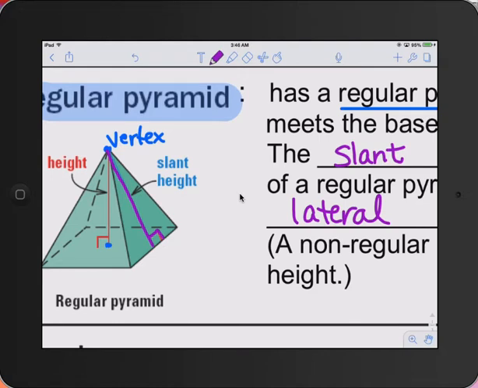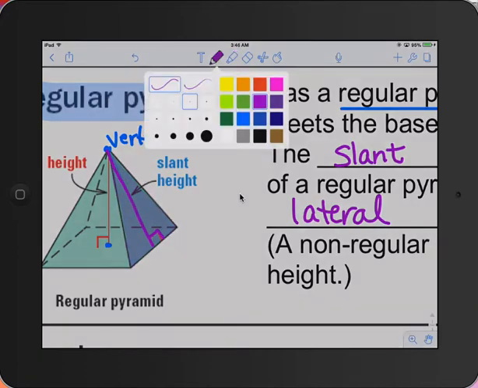The reason that we need the slant height is because when you go to do the area of one of those triangles, so this face right here, for example, you're going to be doing 1/2 base times height, and the base would be the base edge length, but the height of the triangle is going to be the slant height.